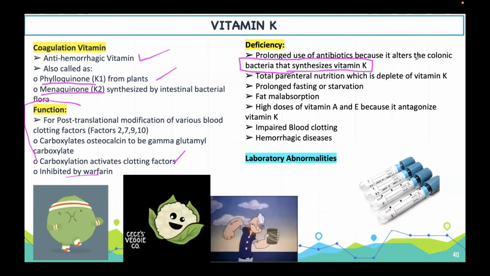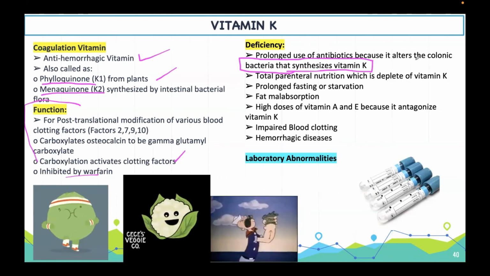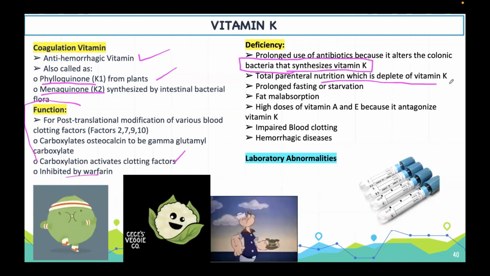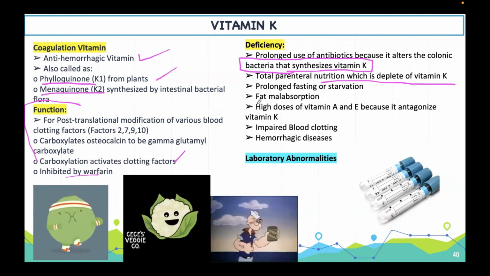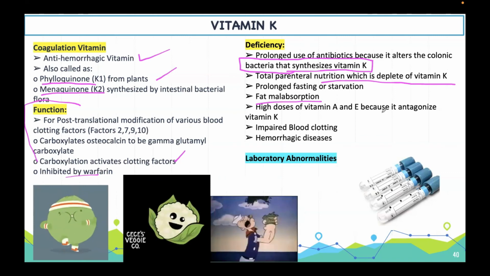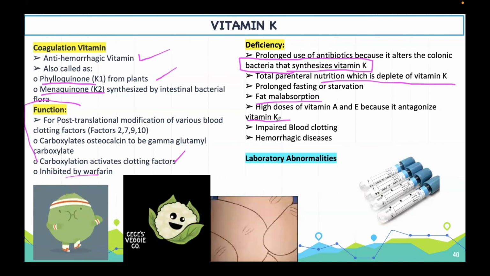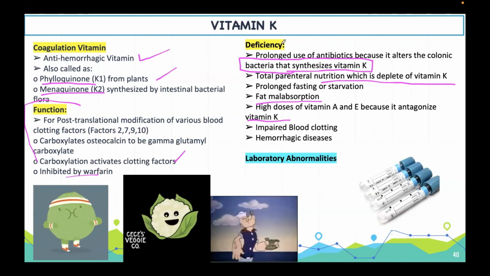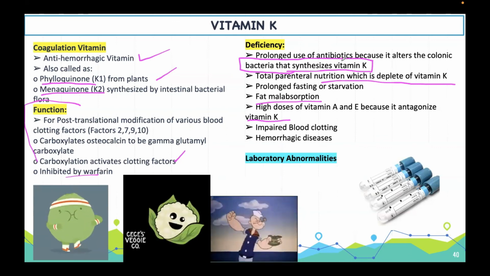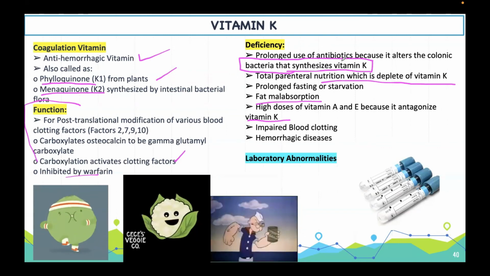So, medyo mas delicate sila, mas sensitive na yung mga patients natin na nasa hospital for a longer period of time. Next, total parenteral nutrition, which is deplete of the vitamin K, prolonged fasting or starvation, fat malabsorption, high doses of vitamin A and E because it antagonizes your vitamin K. Okay, magkakaroon ka ng deficiency in the vitamin K kapag masyado mataas naman yung intake mo or yung doses mo sa katawan ng vitamin A and E kasi it antagonizes your vitamin K.